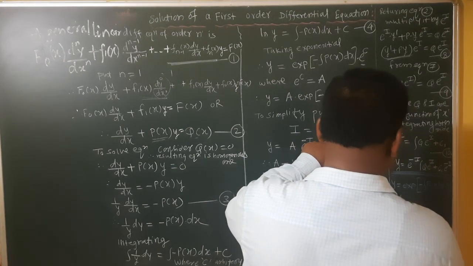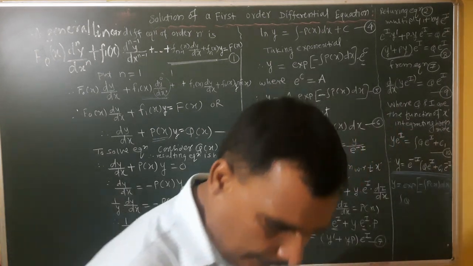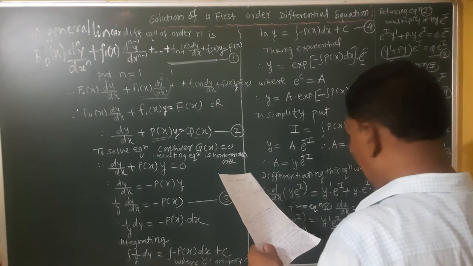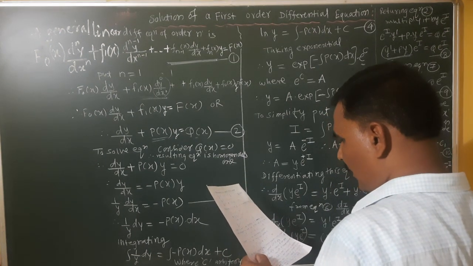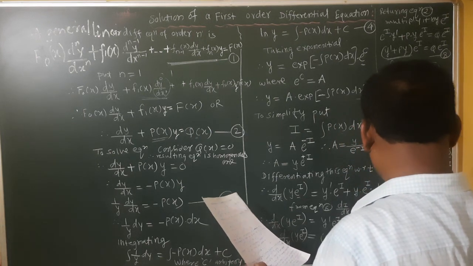After that, integration of q into exponential of, and directly we have to write here. This is one of the terms. Again, integration of, we have to say e raised to minus px into dx.